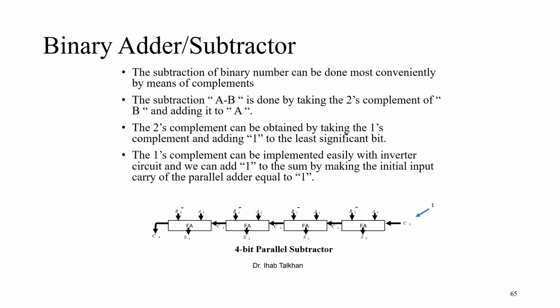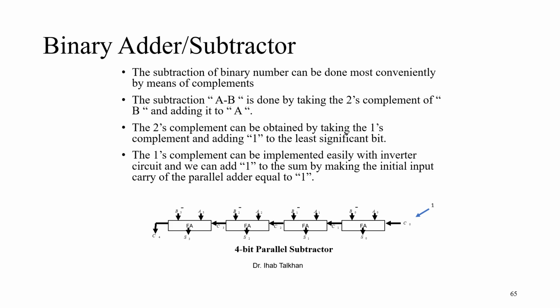So we can say that the subtraction of a binary number can be done most conveniently by means of complements. The subtraction A minus B is done by taking the 2's complement of B and adding it to A. The 2's complement can be obtained by taking the 1's complement and adding 1 to the least significant bit, which is C0. The 1's complement can be implemented easily with inverter circuits, and you can add 1 to the sum by making the initial input carry of the parallel adder equal to 1, which is C0. So if we change C0 to 1 and exchange every B to B bar, we end up with full subtraction.